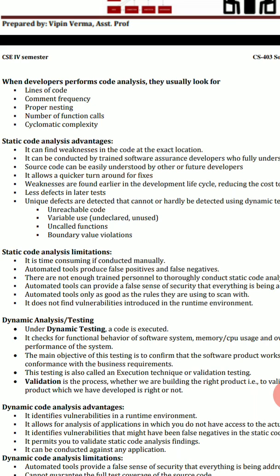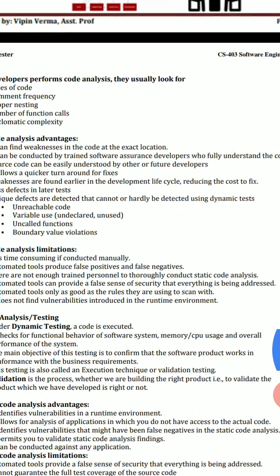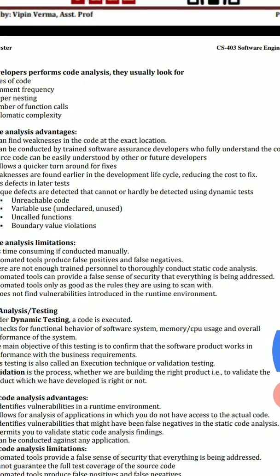Okay, and the next advantage of static code is it can be conducted by trained software assurance developers who fully understand the code. Again, it is the obvious condition.